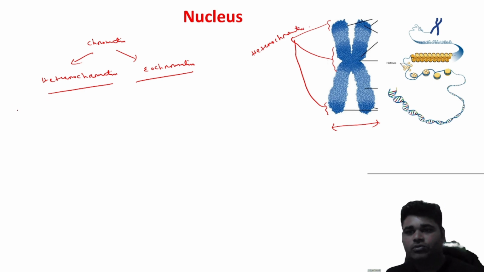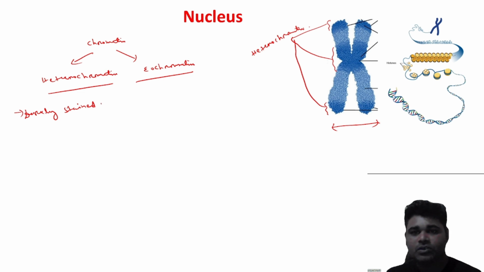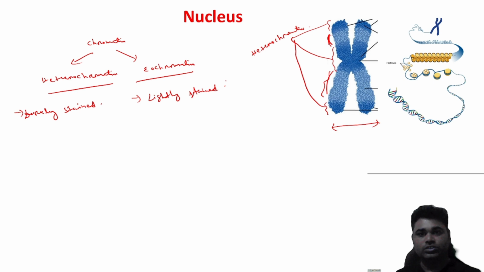Okay, so now we can say that the heterochromatins are darkly stained, while the euchromatin, they are the euchromatin, or you can say that they are lightly stained structures that are present inside the chromosome.